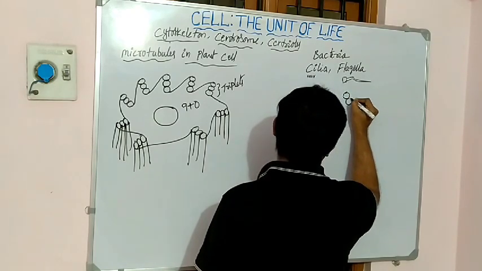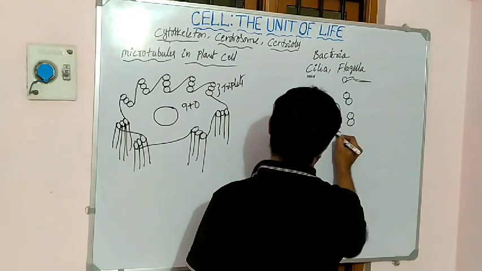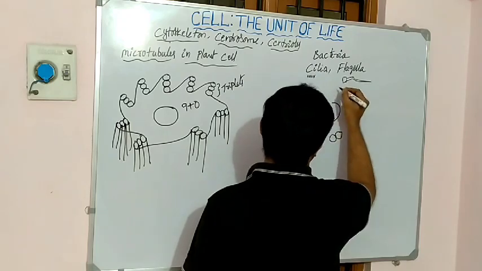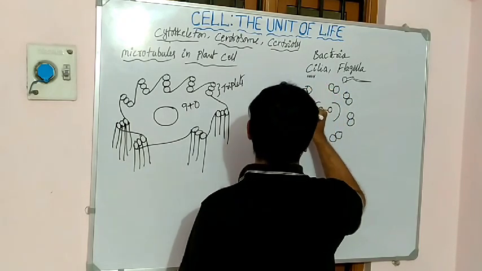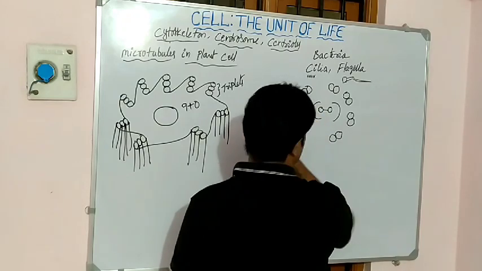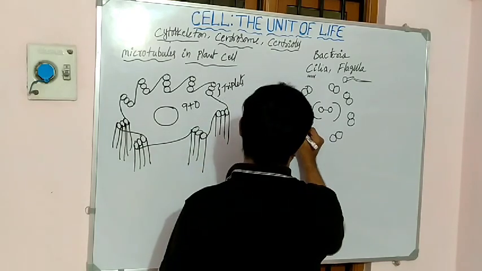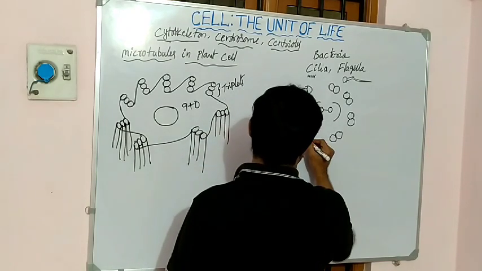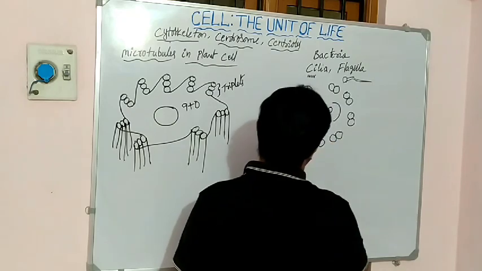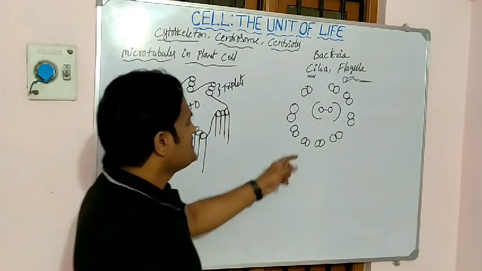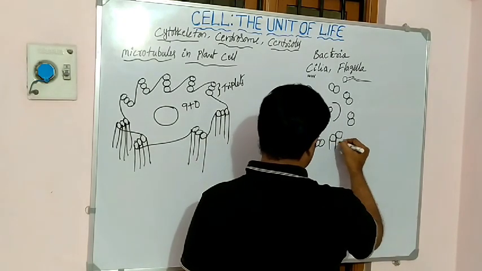Here 2 microtubules are arranged like this. Here also there are 9 arrangements. But here not 3 microtubules, 2. 1, 2, 3, 4, 5, 6, 7, 8 and 9. See, these arrangements also form tubes like this.